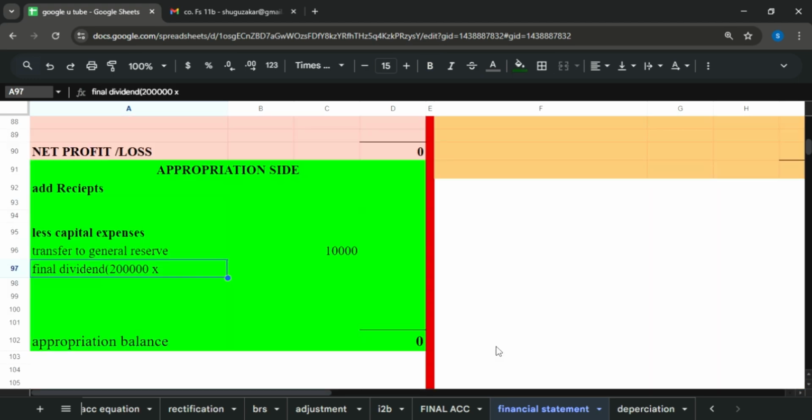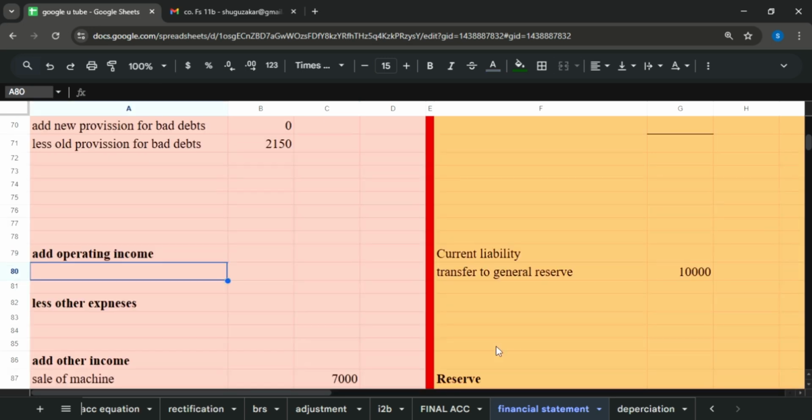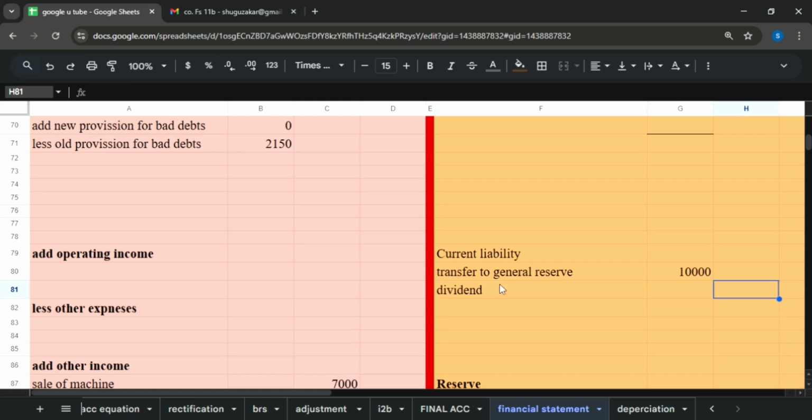So here we will be calculating 10%. Now again listen to what we have done. 2 lakh was the amount of capital, and then you have multiplied it by 10 divided by 100 to get your final dividend of 20,000. The first effect is completed, and here you will also be writing 20,000 as the amount of dividend on the current liability side.